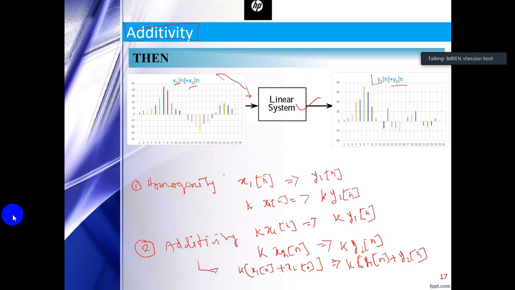So when a system possesses at least these two properties, then the system is termed a linear system.